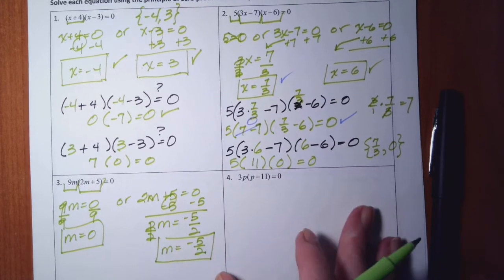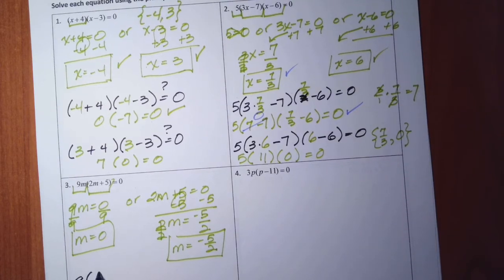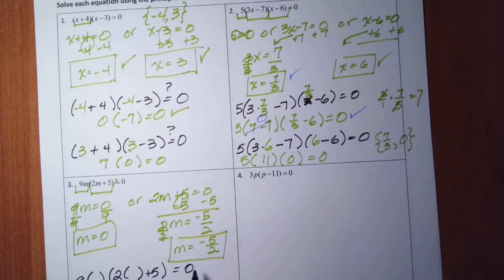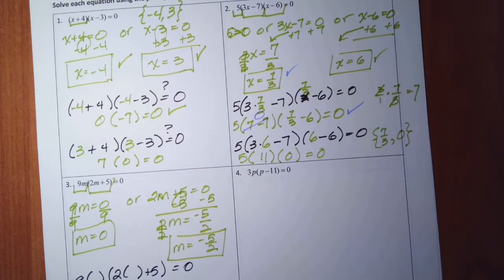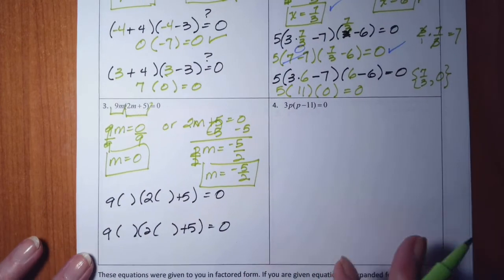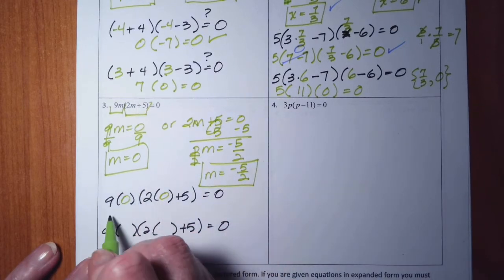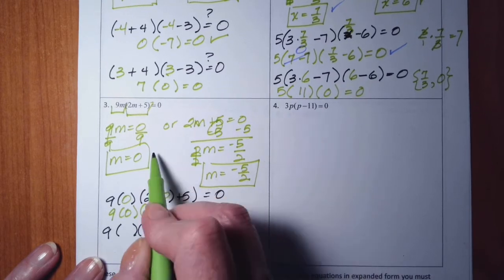So now I have to test both of these solutions. Okay. So 9 times something times 2 times something plus 5 equals 0. I'm going to go ahead and write it twice while I'm thinking about it. Of course, you might want to have it up here where you can see it. Okay, so 0 and 0. Well, this gives me 9 times 0 times 5, which is equal to 0.